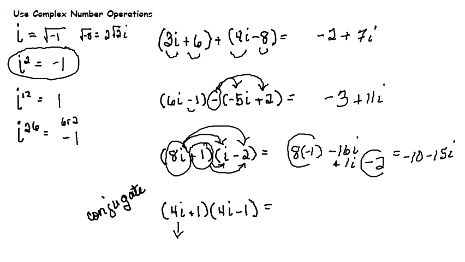Then the first guy is going to get squared, which is 4 times 4 is 16 times the negative 1. 1 times 1 is 1. And then the minus sign. So negative 16 and a negative 1 is a negative 17.